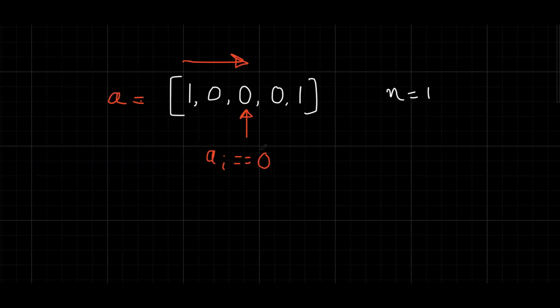This is the first trivial condition, because if the current value at the corresponding i position is not 0, that means there already exists a flower. So we cannot place a flower into this position. So the first condition is that we have to check whether the current position contains the value 0 or not, or the current position is empty or not.